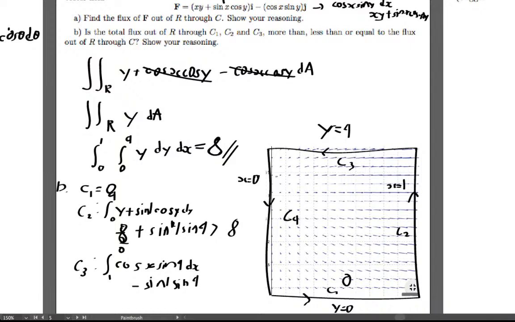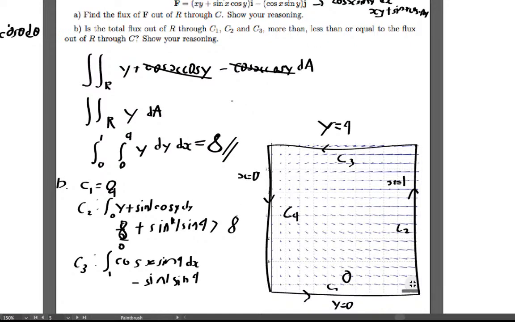My logic is starting to diminish a bit. But somehow the flux is reduced. Oh yeah, flux is actually, no, flux shouldn't be reduced.